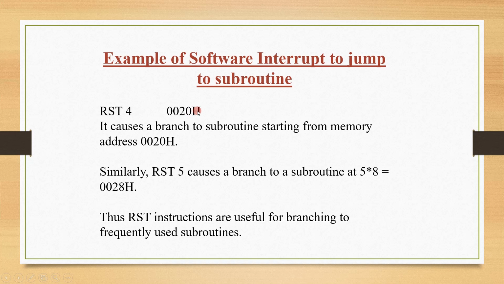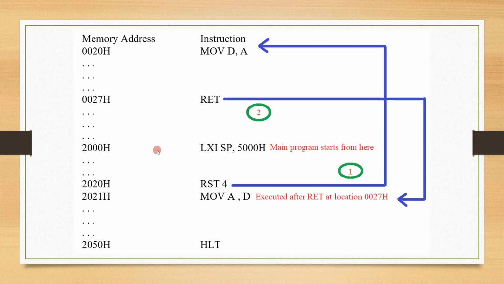When I'm talking about RST4, that means when the microprocessor receives this interrupt, it will jump to location 0020H. It causes a branch to a subroutine starting from memory address 0020H. What does this mean? The main program which I want to execute starts from 2000H.